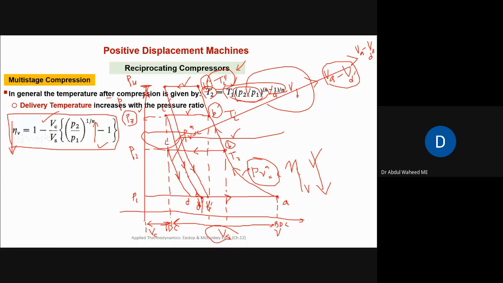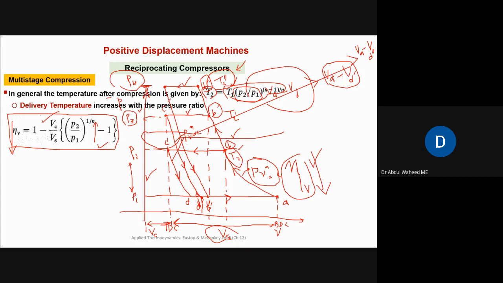So that is the reason why we have to go for multi-stage compression, 2-stage or 3-stage, to achieve very high pressures. For low pressure ratios, we can use single-stage compression if this T2 is in a reasonable range and volumetric efficiency is not that low.